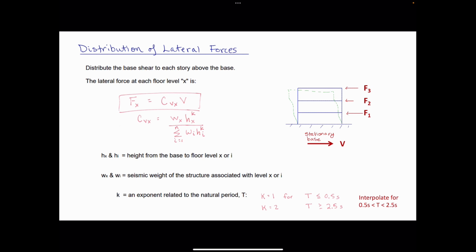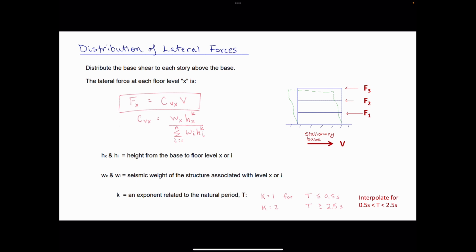All right, so k, that exponent, is based on the natural period of the structure. If your natural period is 0.5 seconds or less, you just use k equals 1, so that's a linear variation with height. If T is greater than or equal to 2.5 seconds, you use k of 2. And if you're in between 0.5 and 2.5, then you interpolate linearly.